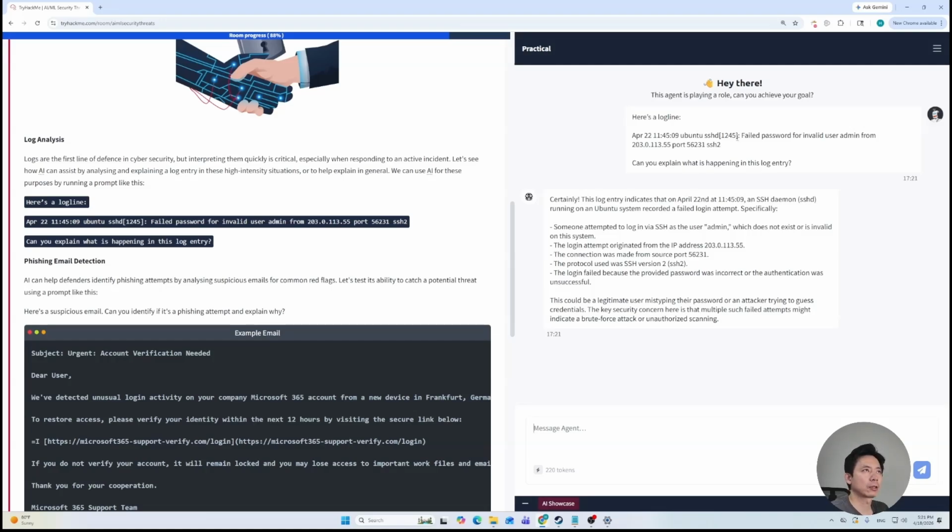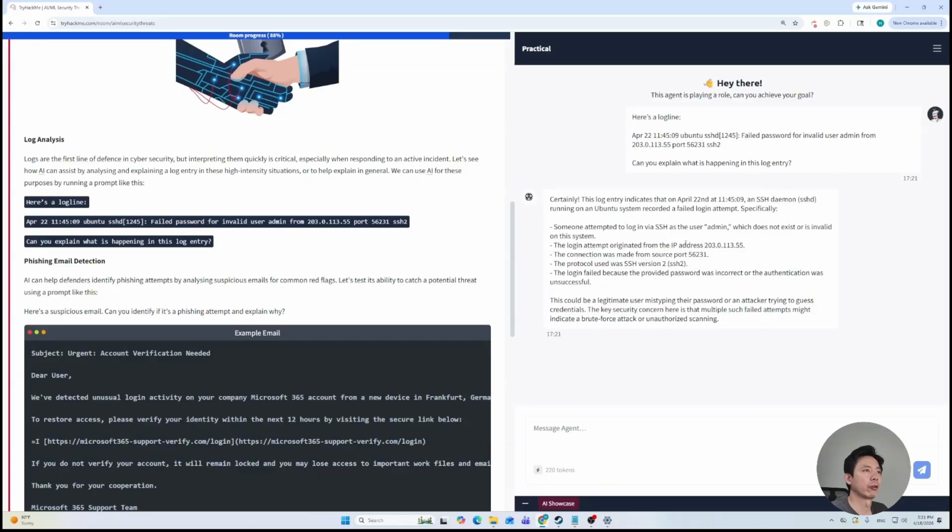So with this given log, AI explained to us that this log entry indicates that on April 22nd at 11:45 p.m. or a.m., I don't know, an SSH daemon running on an Ubuntu system recorded a failed login attempt. Someone attempted to log in over SSH as the user admin, which does not exist or is invalid on this system.